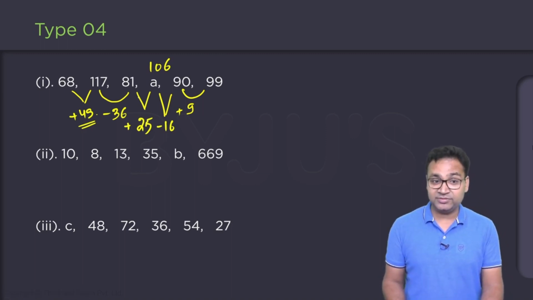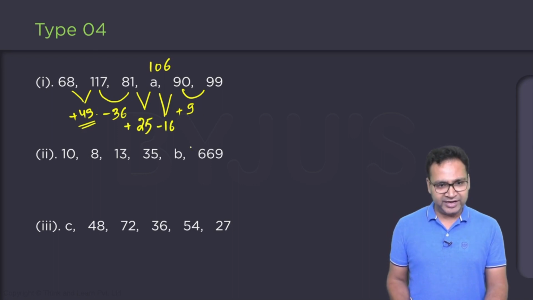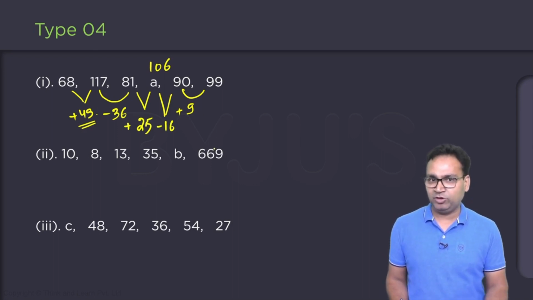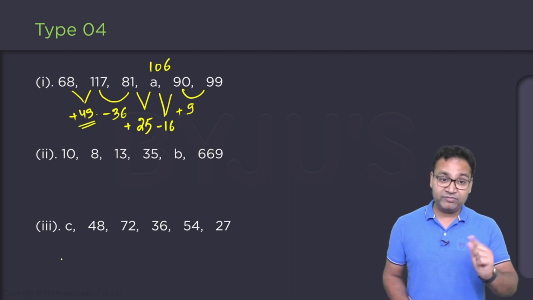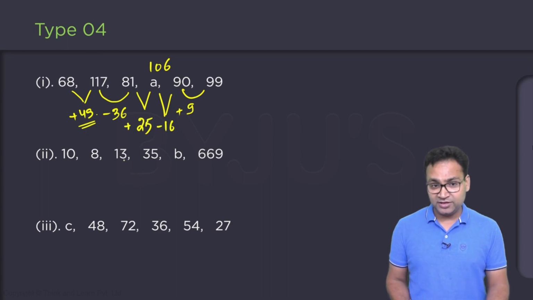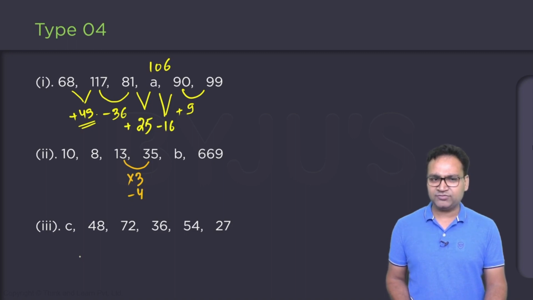Let's look at the second number series. By looking at this rapid change, I can say probably it is a series based on multiplication. Whenever we deal with multiplication based series, we connect the bigger number first. So let me look at this. This is into 3. 13 3s are 39 minus 4. Okay.